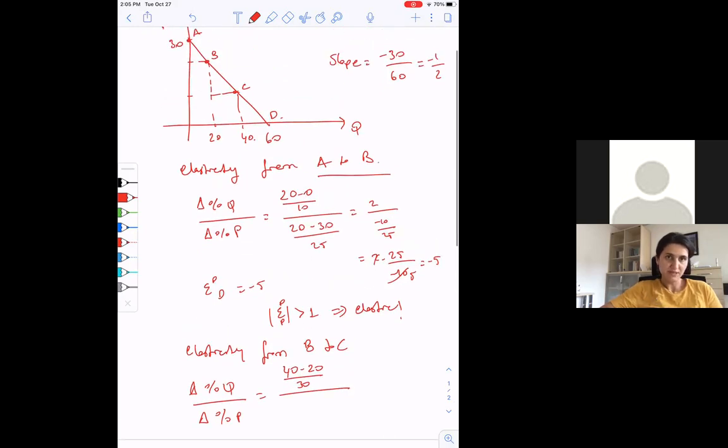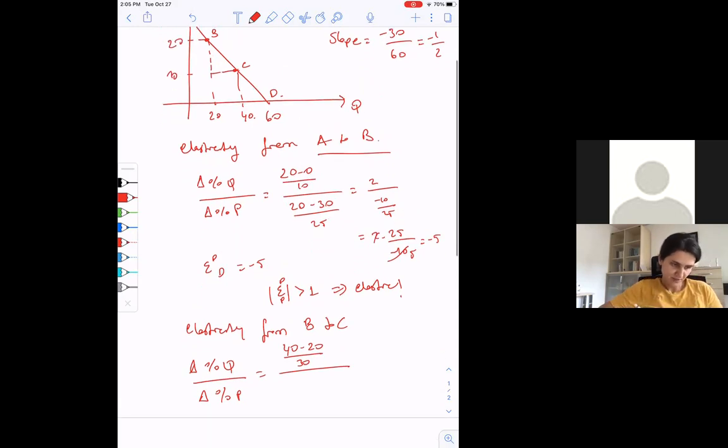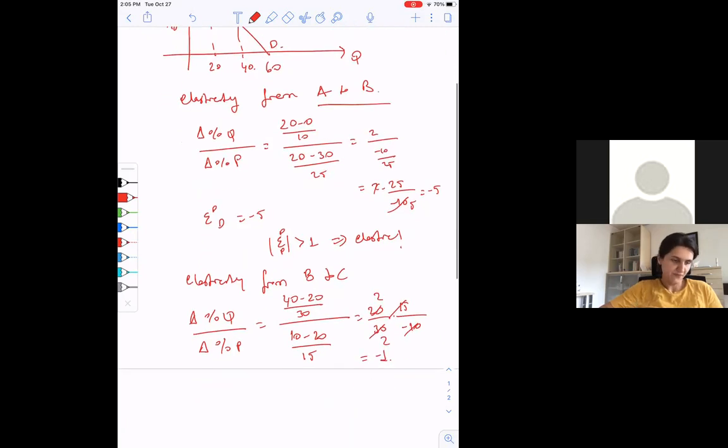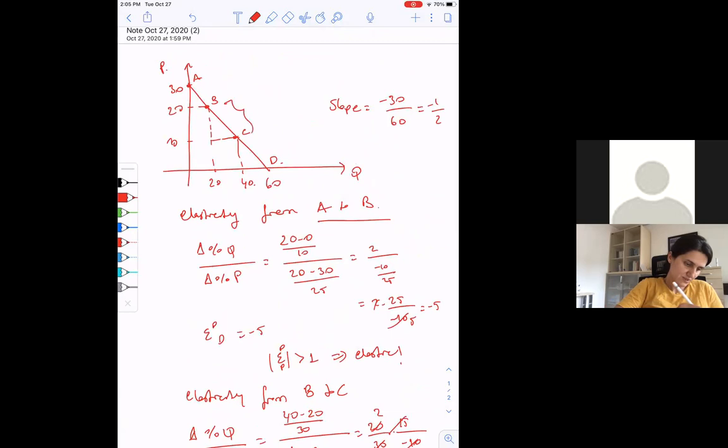And the price change: price is changing from B to C. This is 20, this is 10. 10 minus 20, midpoint is 15. So 20 divided by 30 times 15 divided by minus 10. This is 2, this is 2, this is minus 1. In here we have unitary elasticity. This is minus 1. In here we have elastic.